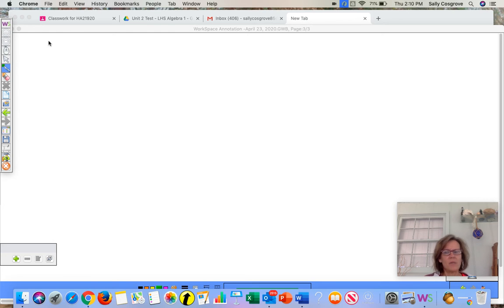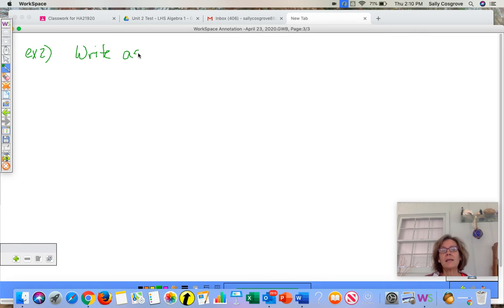So it'll probably just say, let's see, here we go. It'll probably say something like this: write as a single log. So I would imagine that on all of these, we're going to just be using those properties to condense.